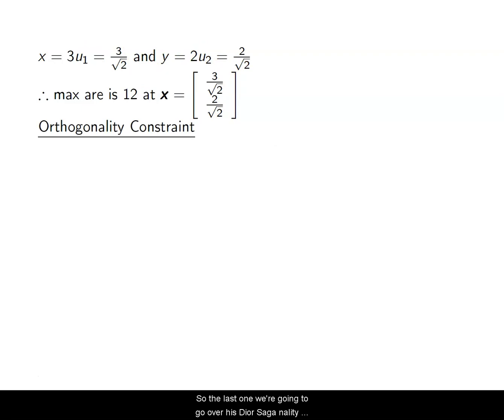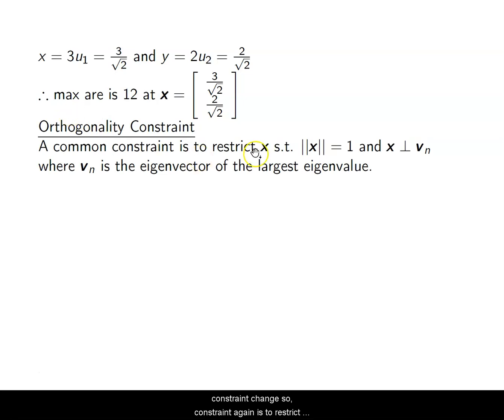So the last one we're going to go over is the orthogonality constraint, okay? So a common constraint, again, is to restrict that my distance is 1, and that my x vector is orthogonal to the eigenvector of the largest eigenvalue. Okay, so I need to have some orthogonality going on, right?